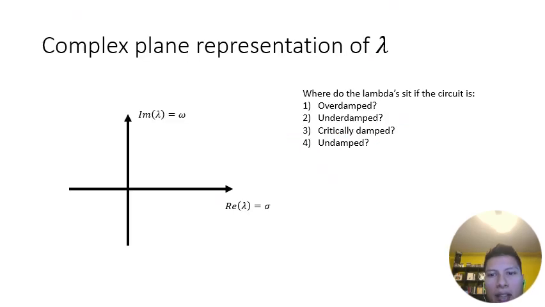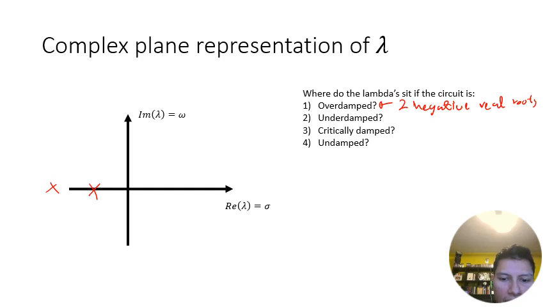And so in particular, we could also look at where the lambdas sit. So in the overdamped case, we are always going to have 2 negative real roots. Okay, so we're going to have 2 negative real roots.